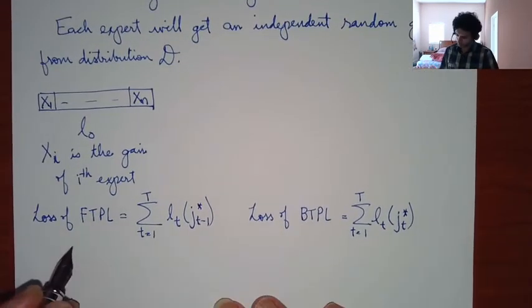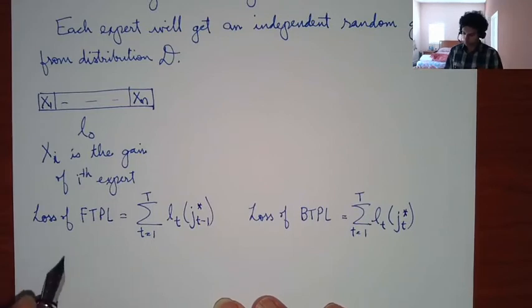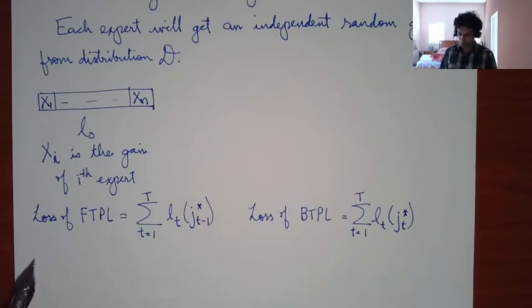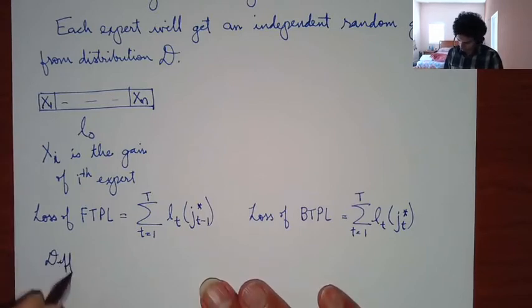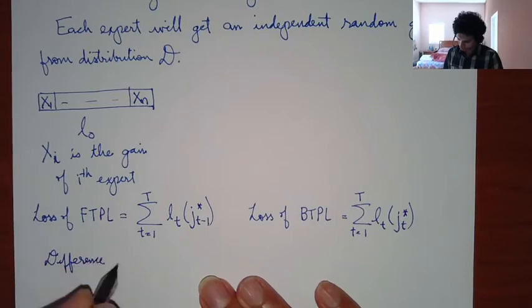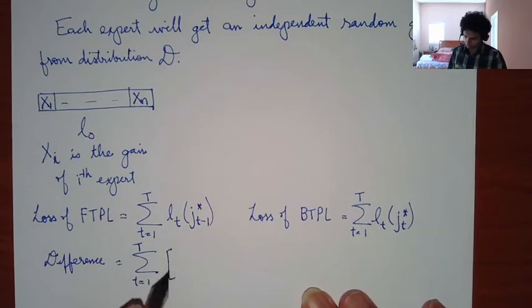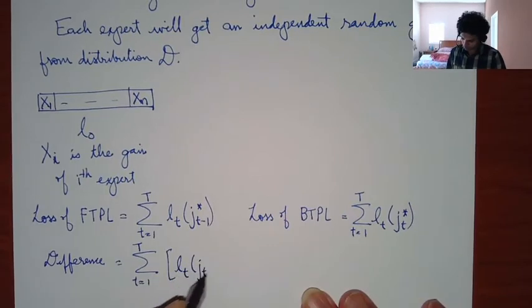Okay, so now let me just subtract these, because what I want to do is I want to bound the difference. So the difference, which is what I want to bound, is going to be LT of J_{T-1} star minus LT of JT star.